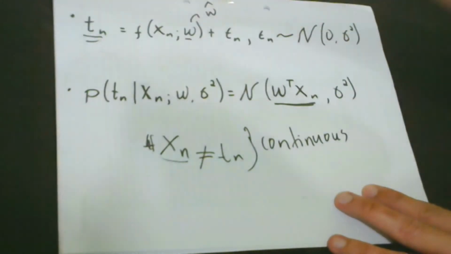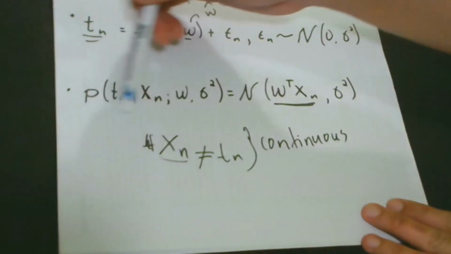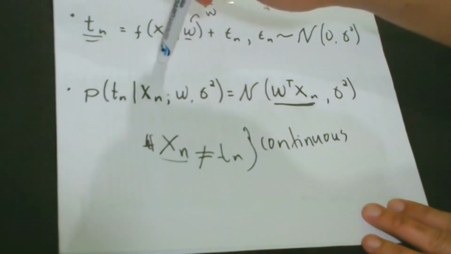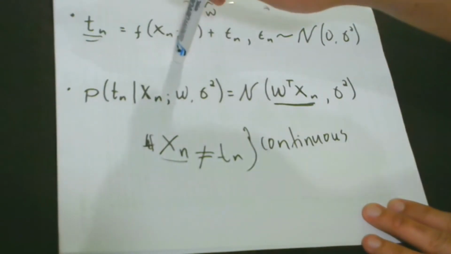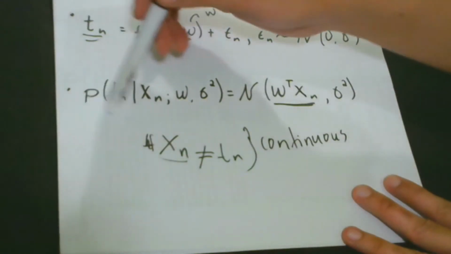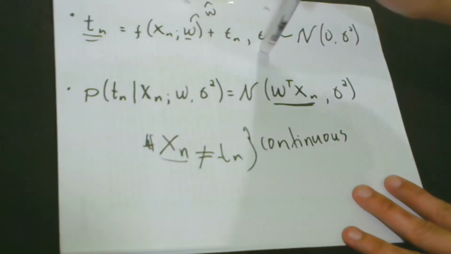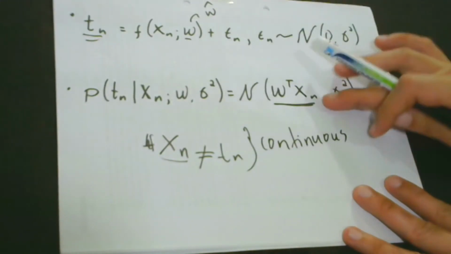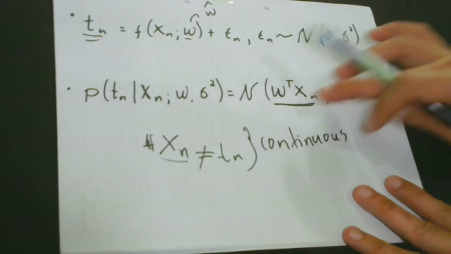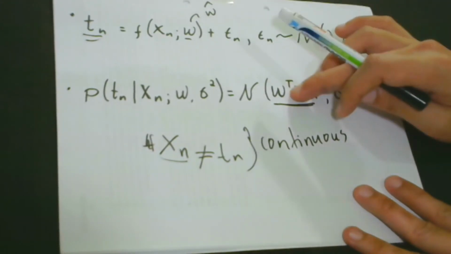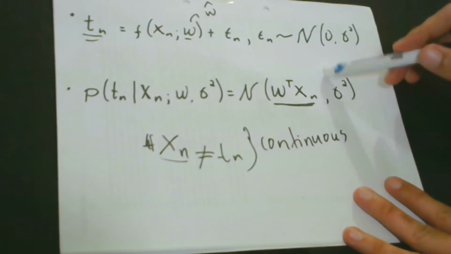Alright, now if we examine this part of our equation, we could see that the value of the density here of Tn would always depend on the value of xn and w. So this determines the mean, and then here we have the standard deviation.